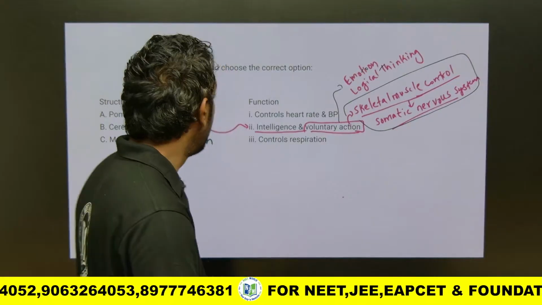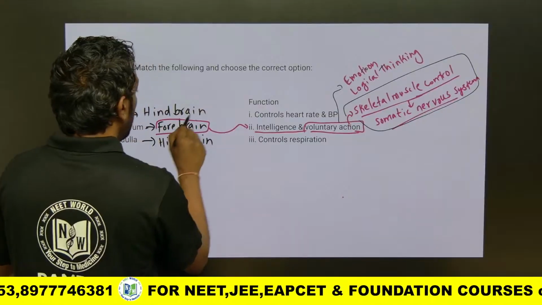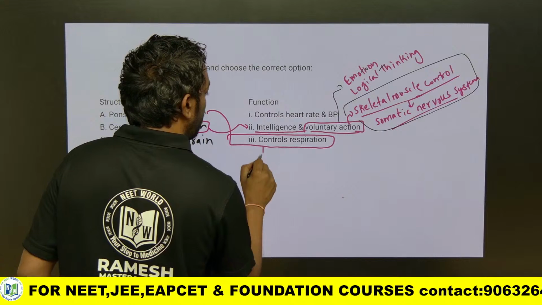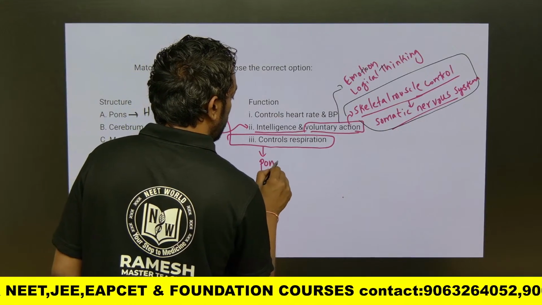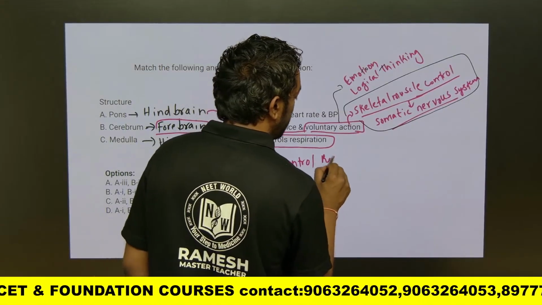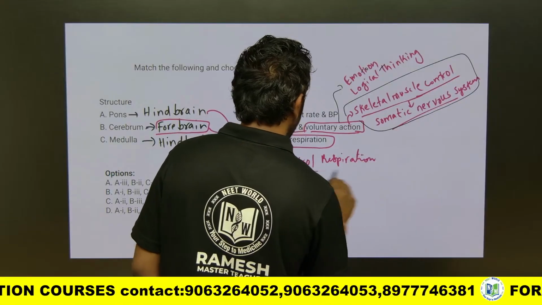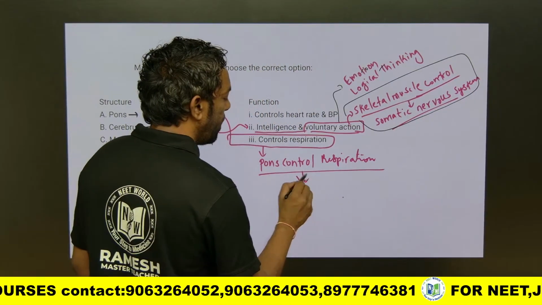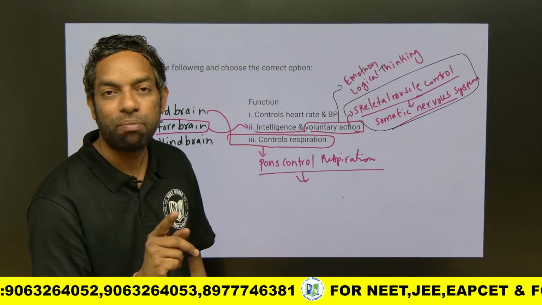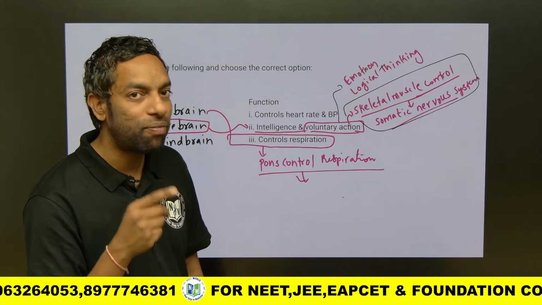If it comes to the pons, it controls breathing rate, respiration. There are 2 places in the pons, a bunch of neurons located in the pons, responsible for certain functions.